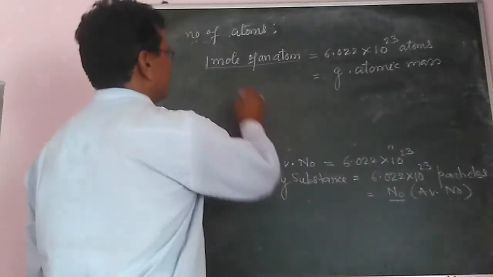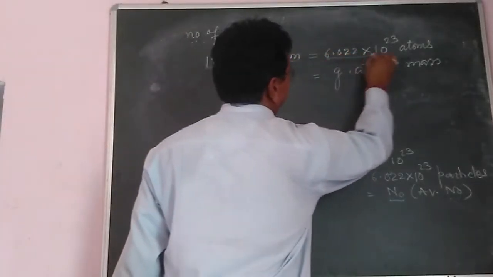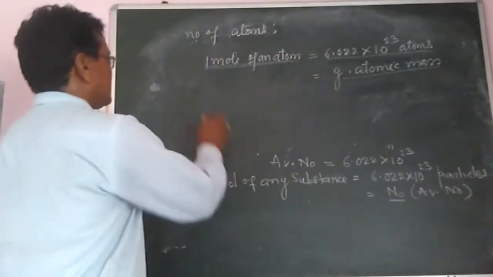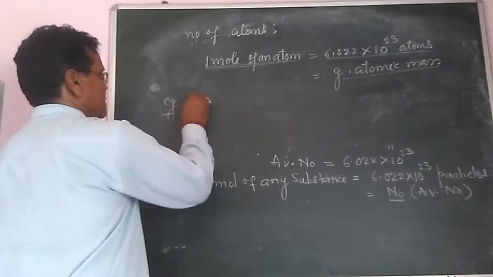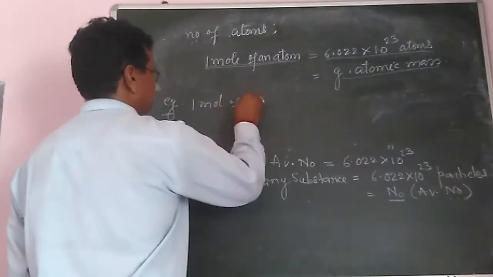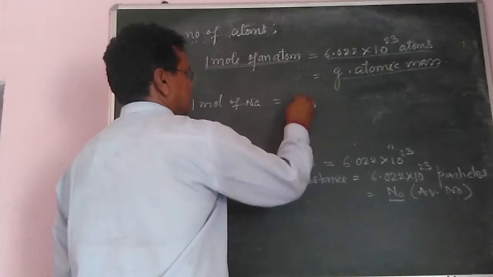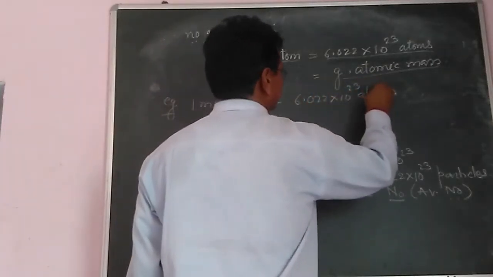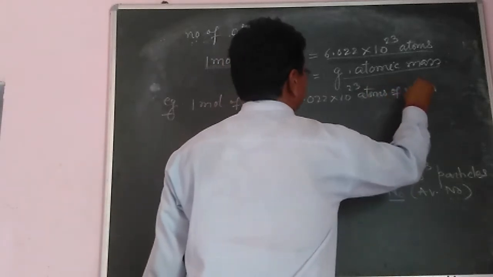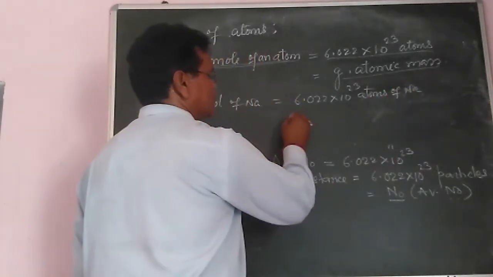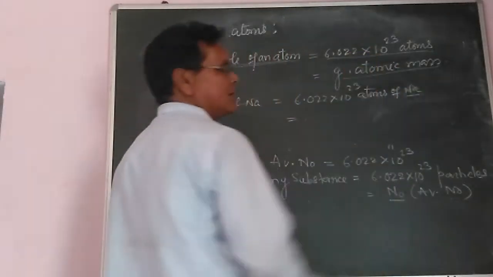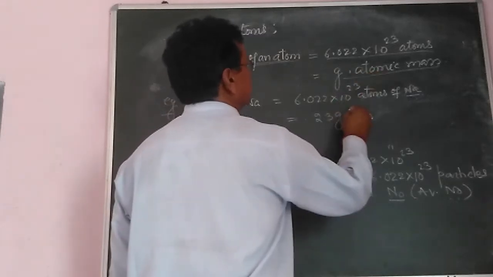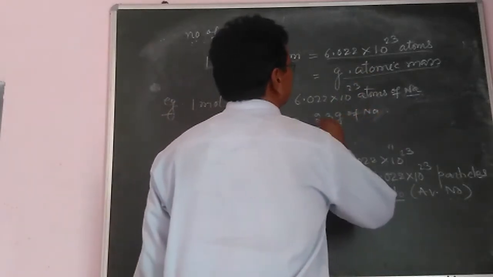It means 1 mole of an atom is also represented in gram atomic mass. Take an example: 1 mole of sodium is 6.022 into 10 to the power 23 atoms of sodium, and it is equal to the atomic mass of sodium, that is 23 gram.